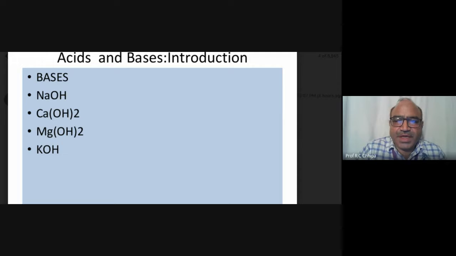Alkali metals form their respective hydroxides, and those hydroxides are the bases. Here strong and weak bases are also there. Ammonium hydroxide, from ammonia plus water, NH4OH, is also an example, giving hydroxide ion.